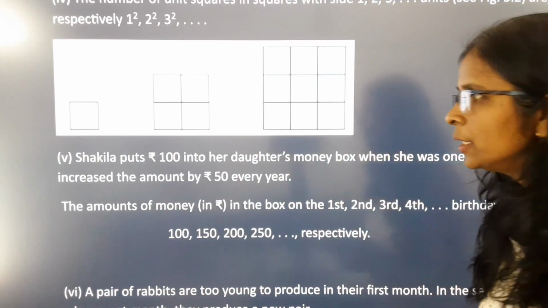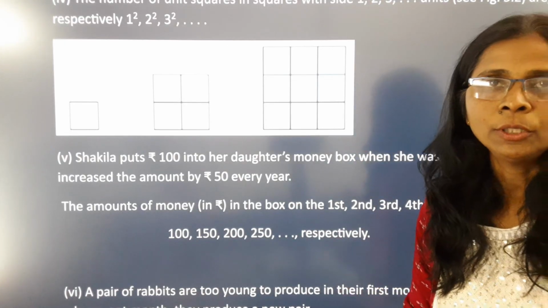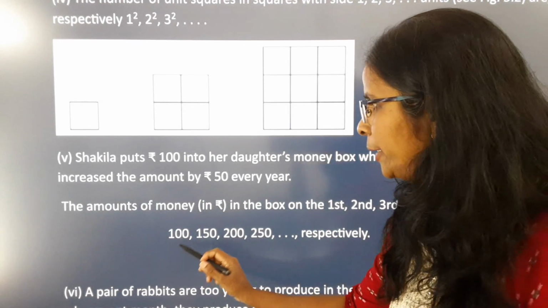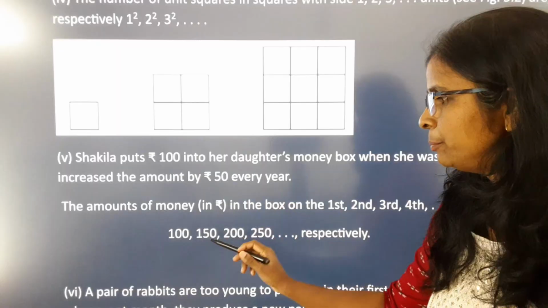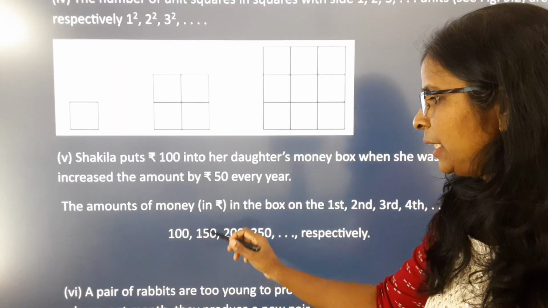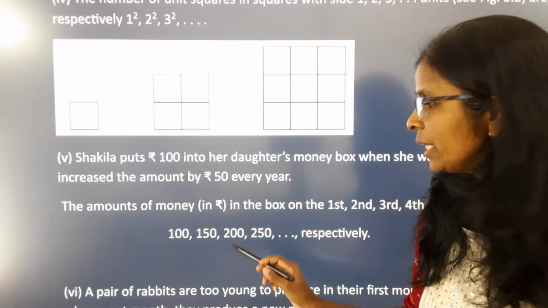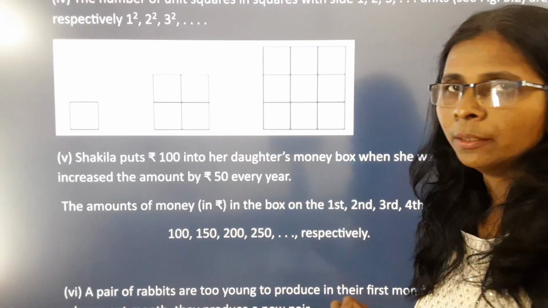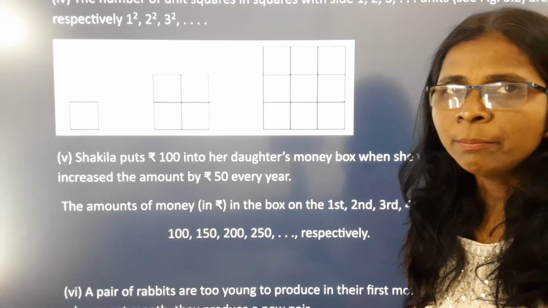So the first amount is 100 and the amount increases by 50 rupees each time. Adding 50 to the previous one, we get the successive number. So there is also a specific pattern.